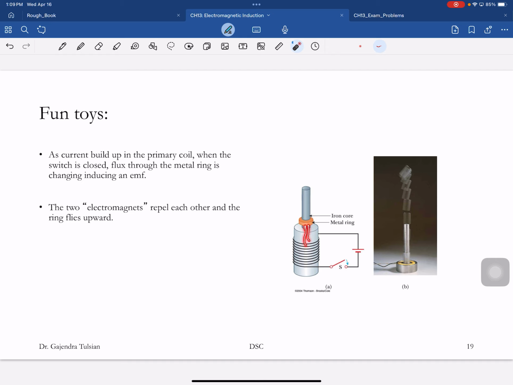When the magnetic field through the metal ring changes, it induces a current. The induced current will be in the opposite direction, so these poles will repel each other, and the ring will go flying up. I've seen this ring go flying up as tall as this building. It's fun to watch.